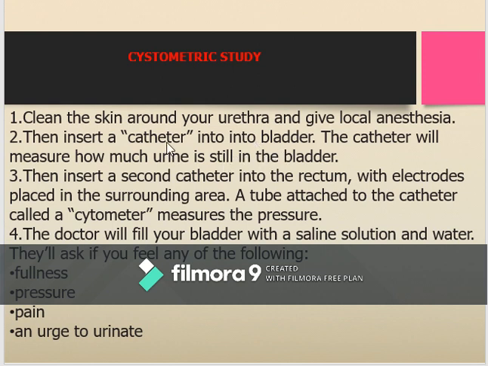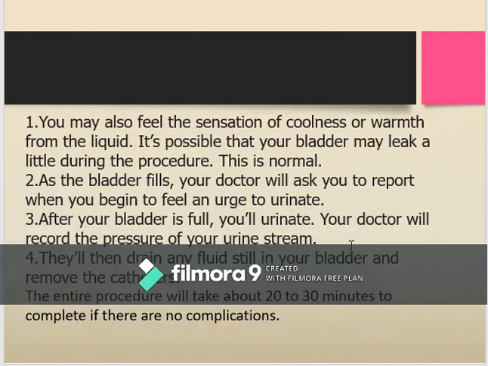This is to drain away the remaining amount of urine present inside your bladder after your first micturition attempt, so that your bladder will be empty. Then we instill saline, and after that the doctor will ask the patient, when you feel the urge to urinate, you will be allowed to urinate, and the doctor will record the pressure of the urine stream.